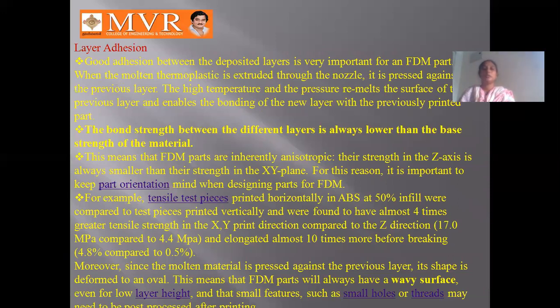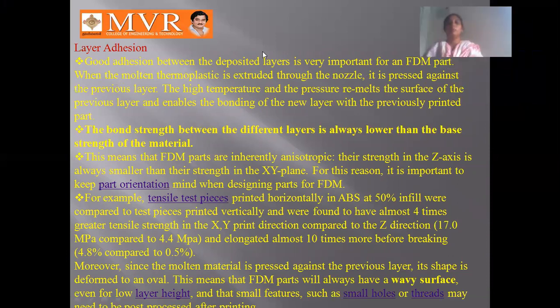Okay, next, layer adhesion. Good adhesion between the deposited layers is very important for an FDM part. When the molten thermoplastic is extruded through the nozzle, it is pressed against the previous layer. The higher temperature and the pressure remelt the surface of the previous layer and enable the bonding of the new layer with the previously printed part.